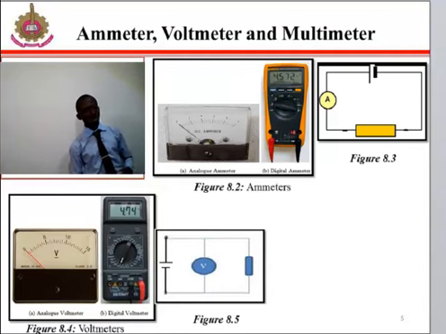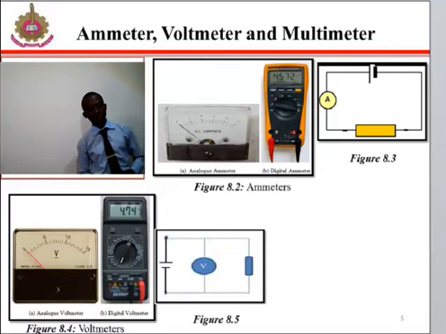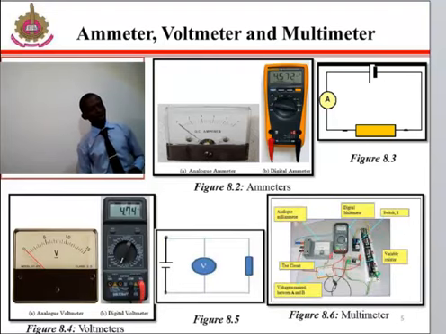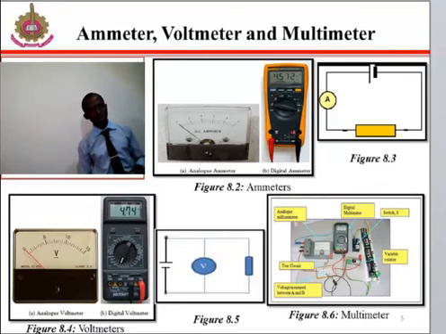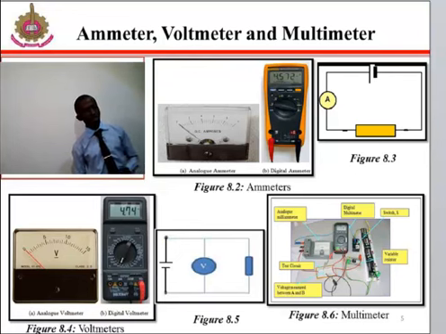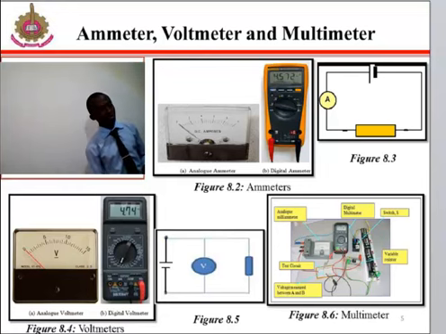That is, the resistance is equal to volts divided by amperes, and the power is equal to volts multiplied by amperes. Figure 8.6 shows how a multimeter can be used to measure parameters of an electric circuit. And a multimeter, as you have known, is a multipurpose measuring instrument which is often used to measure parameters such as resistance, voltage, and current, but not all of these parameters at the same time.